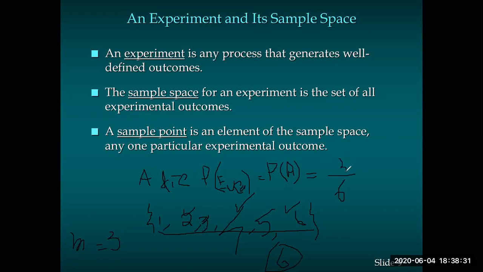Usually the favorable outcomes are denoted as m, and the total outcomes are denoted as n. That's the definition of the classical approach to probability. The total outcomes were 6, favorable to even were 3, so the probability of even is 3 by 6.